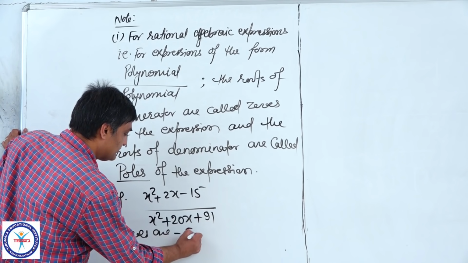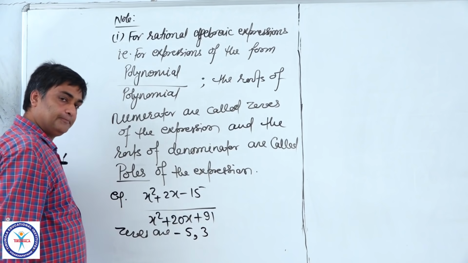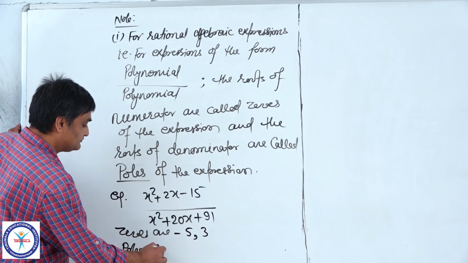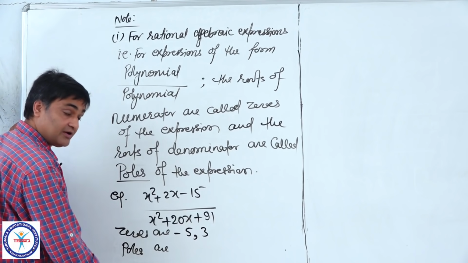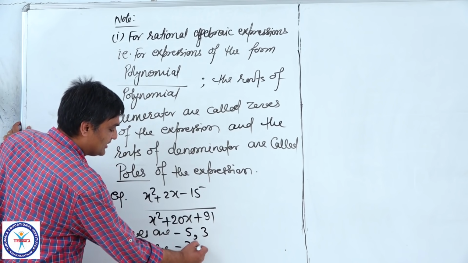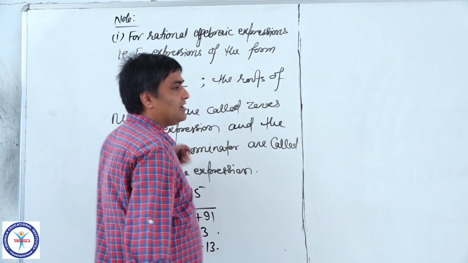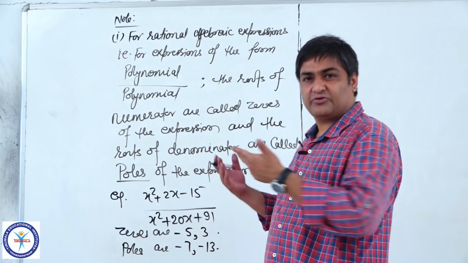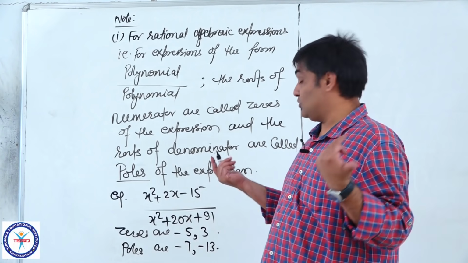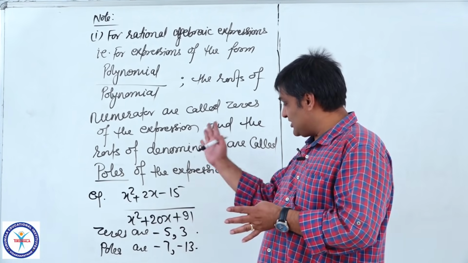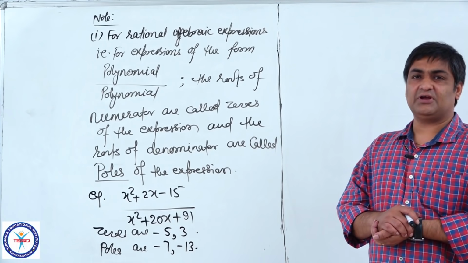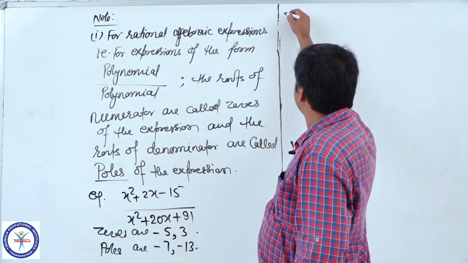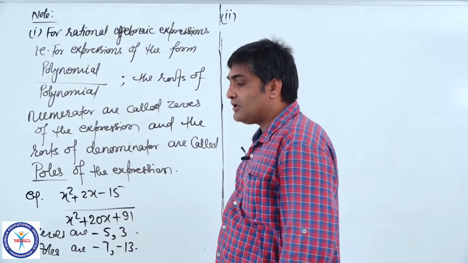Minus 5, 3. And poles are minus 7 and minus 13. This I have said because here you can find the poles of the expression. So what is pole? Nothing but roots of the denominator. Okay.